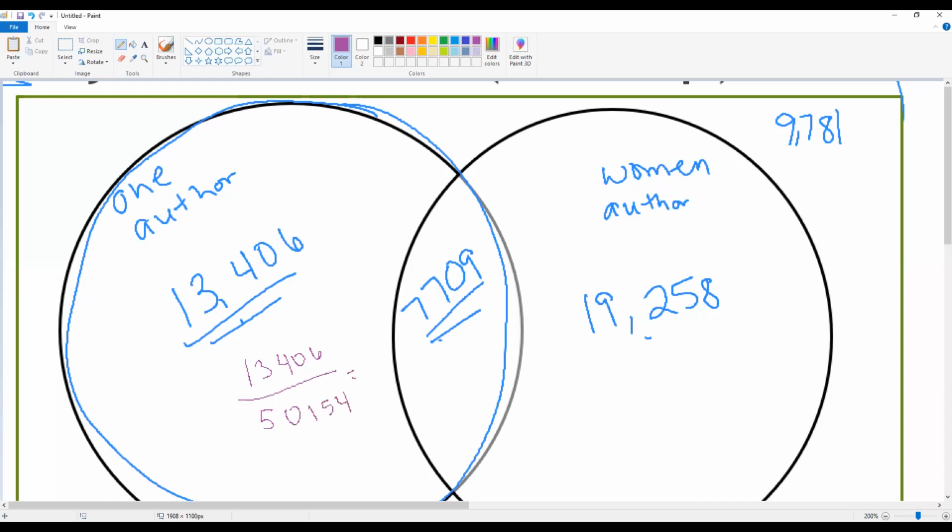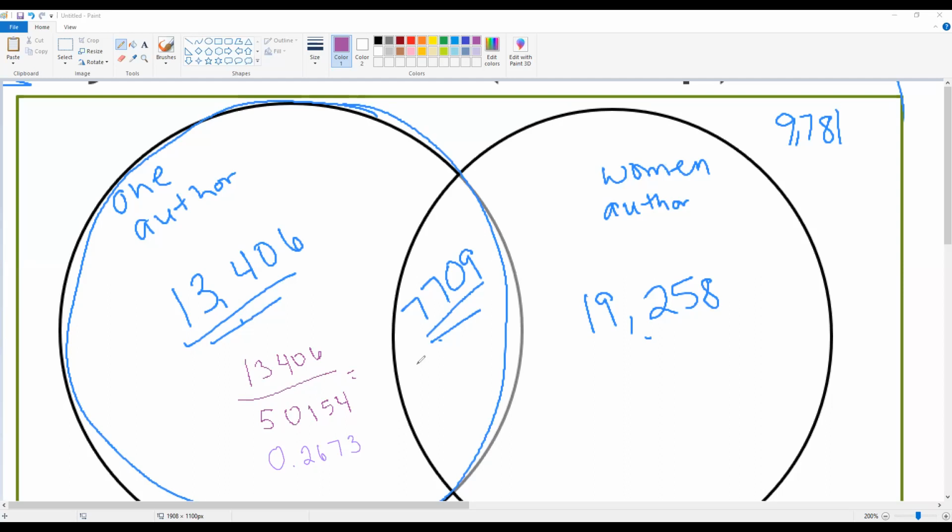And so when we type that into our calculator, we're going to, of course, get a decimal. So when we type that in, we get 0.267. I'm going to round it to one more decimal place.